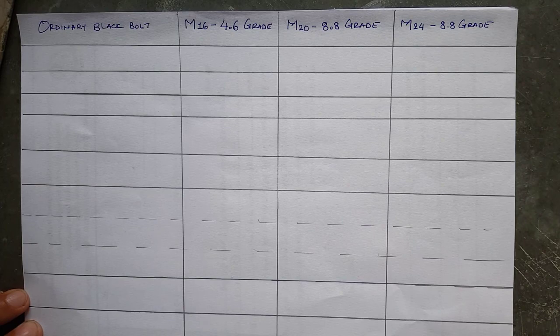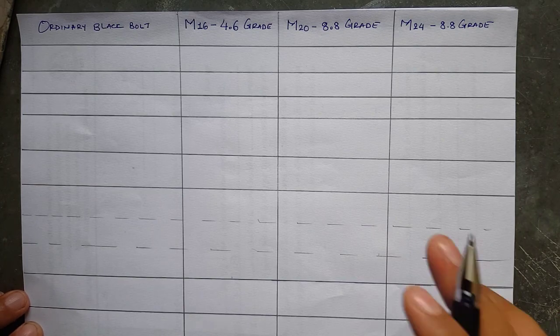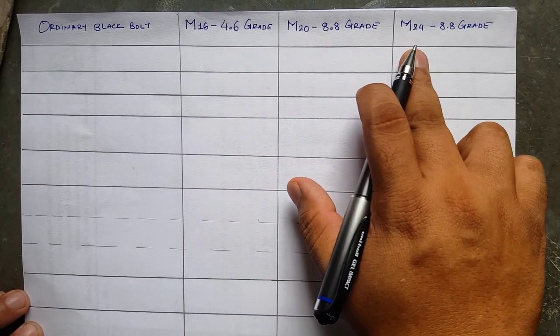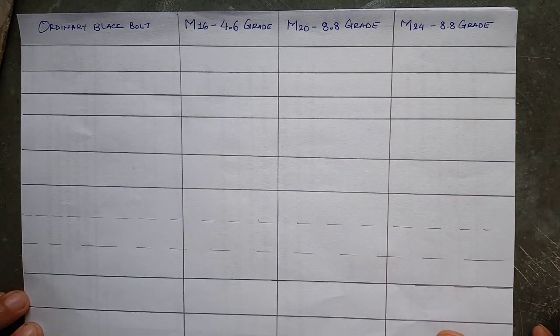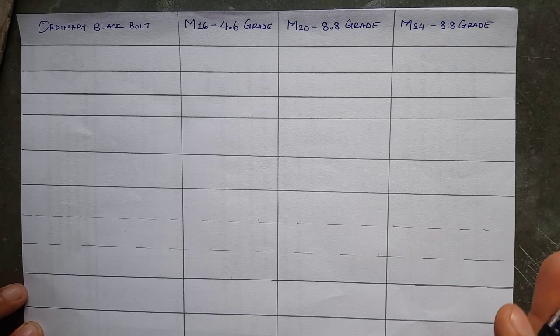First of all, we have three types of bolt: M16 4.6, M20 8.8 as well as M24 8.8 grade bolts. All the equations for shear capacity and bearing capacity for ordinary bolts are common, so we will solve one example with three different grades.